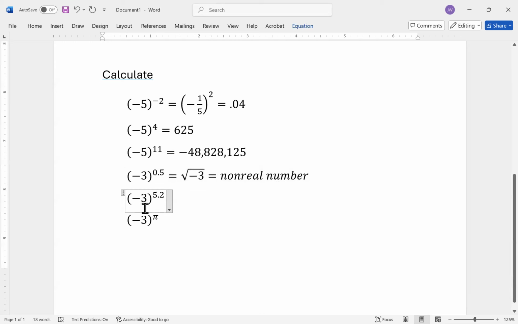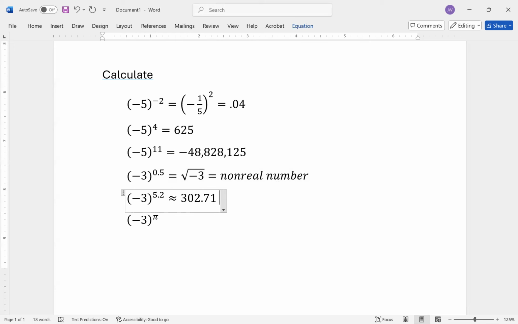In this one, -3 to the 5.2 power can actually be calculated. That's about 302.71 according to the calculator.